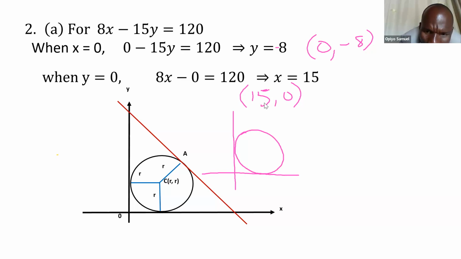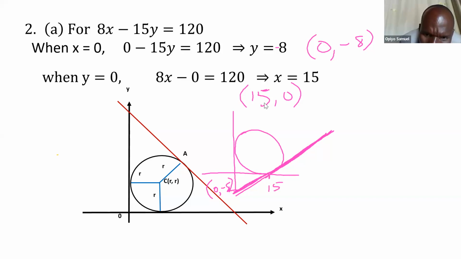But we have the point 0, negative 8 here, and 15, 0. So when we draw, the line should go like this. And this one is cutting the axis at 15.